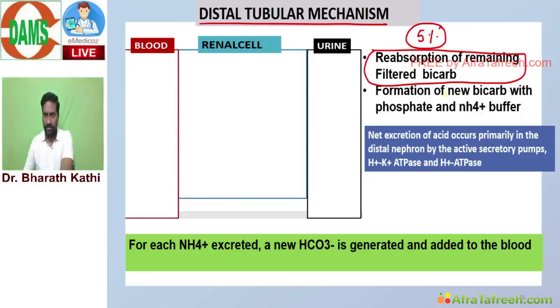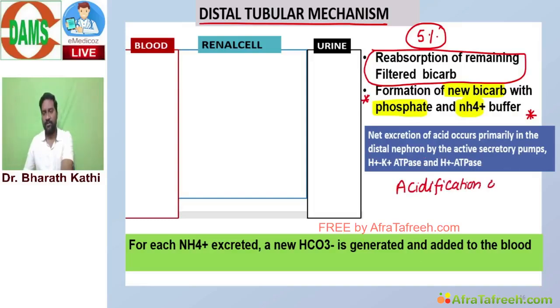Then formation of new bicarbonate with phosphate and NH4 buffer. This is very, very important. This is responsible for acidification of urine. This mechanism is responsible for urine getting acidified ultimately.